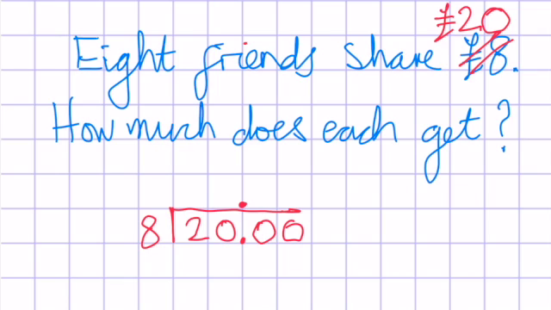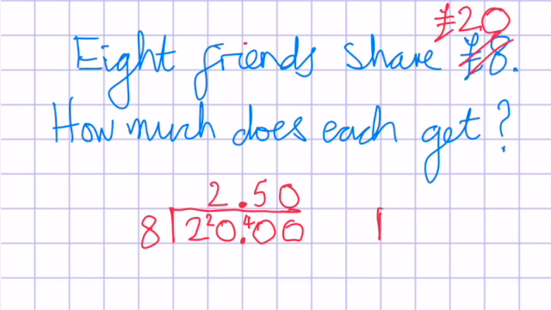So we'll carry the 2 across. 8 goes into 20 2 times, because 2 times 8 is 16. And there's a remainder of 4. So the 4 goes there. 8 goes into 40 5 times, and 8 goes into 0 0 times. So each friend gets £2.50.